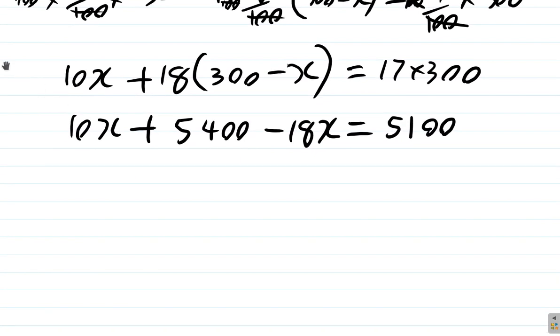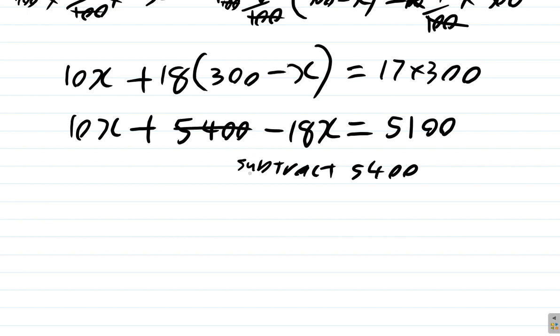Alright. So here, put the x's together and subtract 5,400 from both sides. Well, you have to do it from both sides.